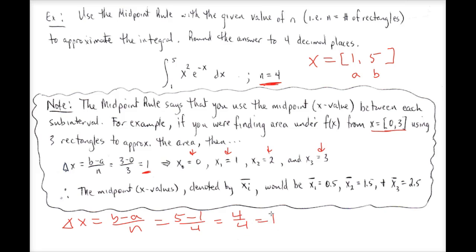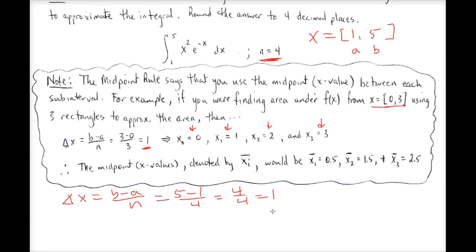So our sub-interval width is 1. Our x sub 0 is 1, x sub 1 is 2, x sub 2 is 3, x sub 3 is 4, and x sub 4 is 5.